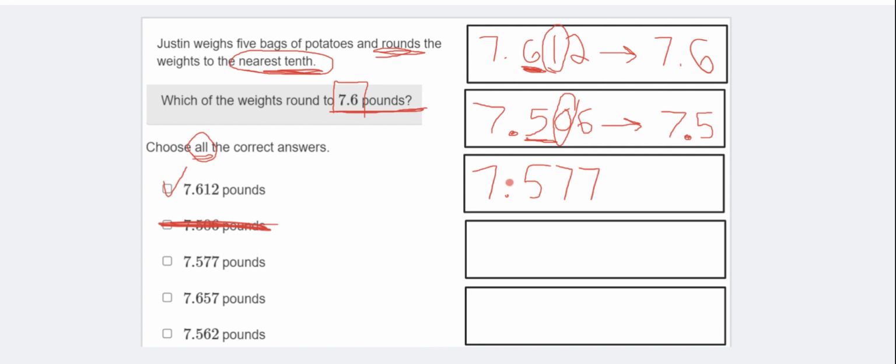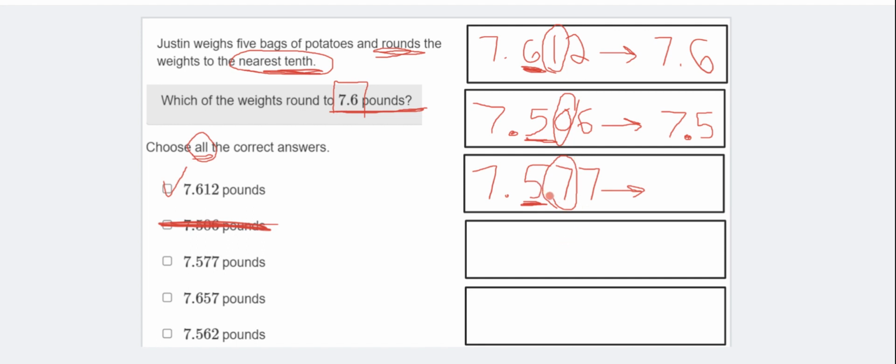7.577. I'm going to read it. 7 and 577 thousandths. I want to round to the tenths place. There is a 5 in the tenths place, and there is a 7 next door. Now, if there is a 7, am I going to round up or keep it the same? 5 or above, I know I'm giving it a shove.